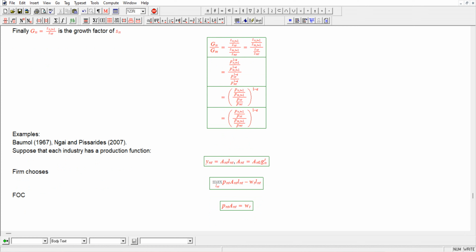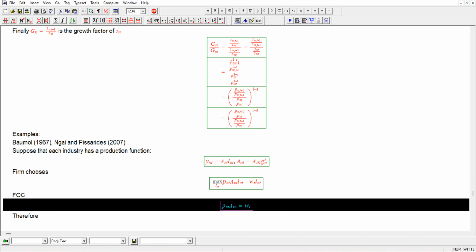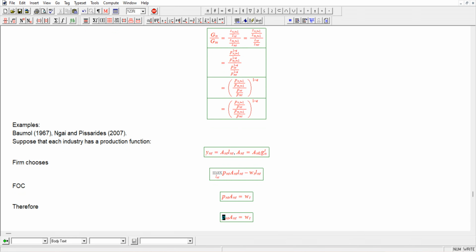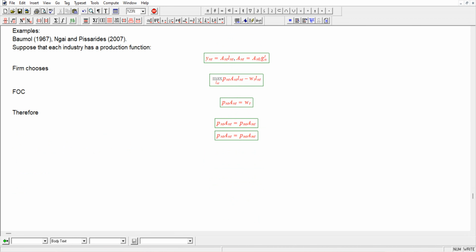And since w sub t is constant across industries, it is also going to be true that this holds for any n, or for that matter for any m. And that gives us this equation, which we can very simply rearrange in the following way. The relative price of good n over good m is the inverse of the relative productivities.